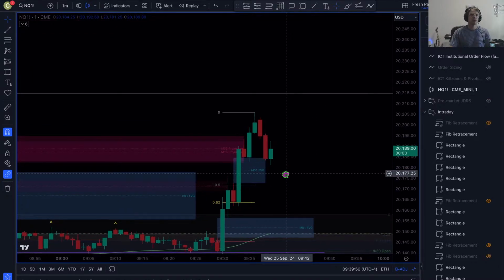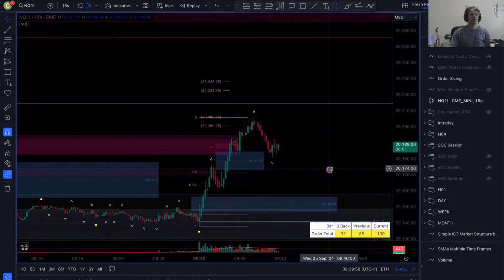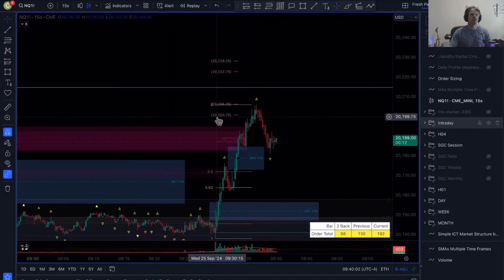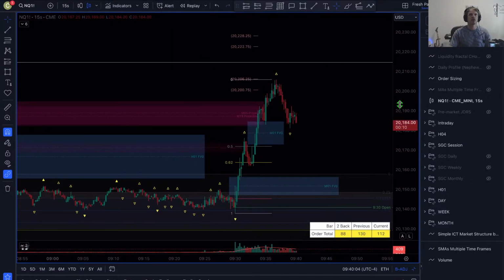That is an external liquidity sweep on that. S10, notice this jump start hit the second though, and it's coming off of that.